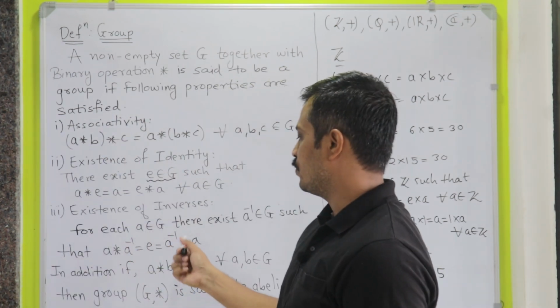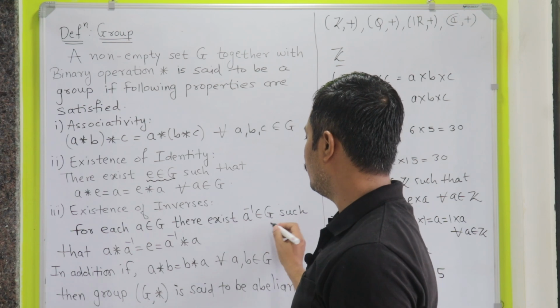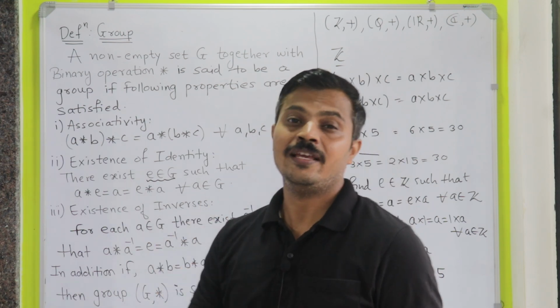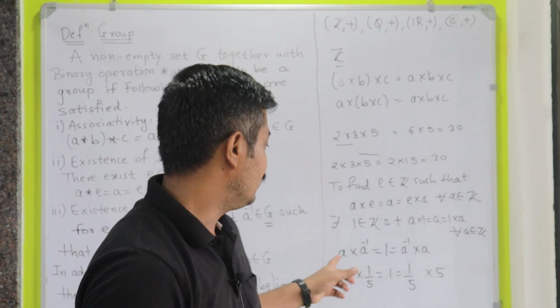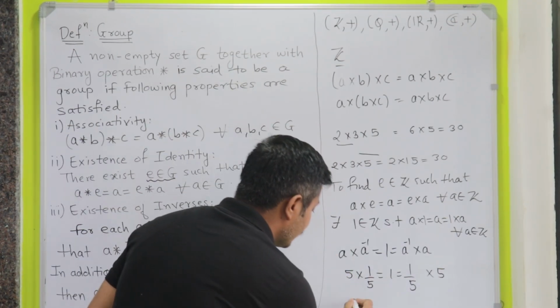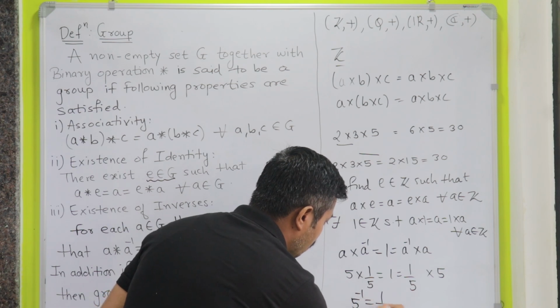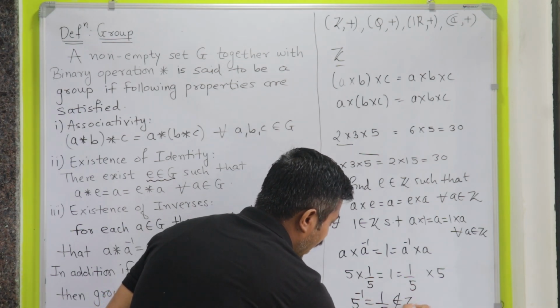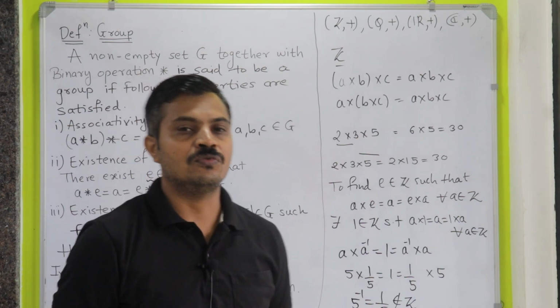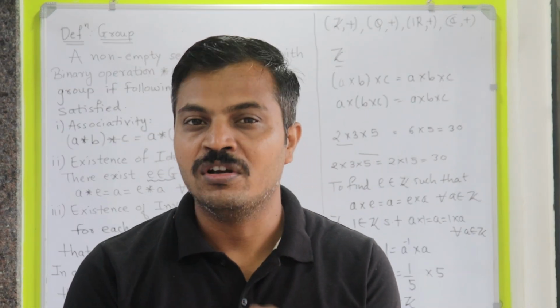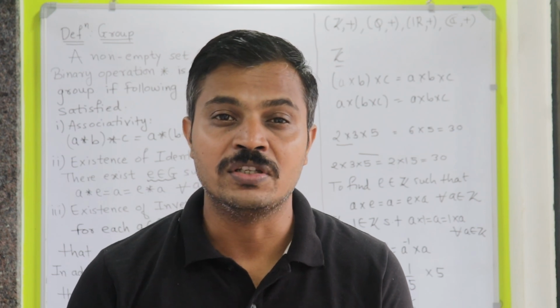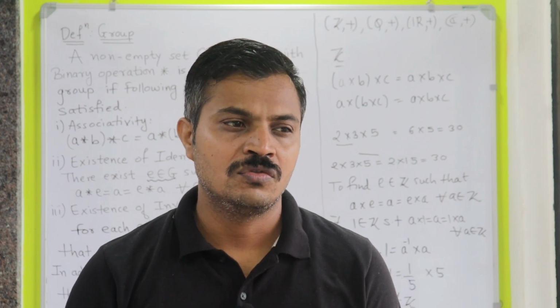For each A belongs to Z, there should exist A inverse belongs to Z again. So, the issue lies here. This inverse of 5 in this case is 1 upon 5, but 1 upon 5 does not belong to Z, and that is the issue. Therefore, Z is not a group with respect to multiplication.